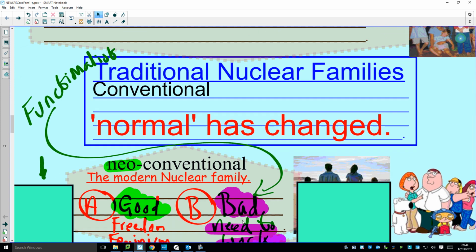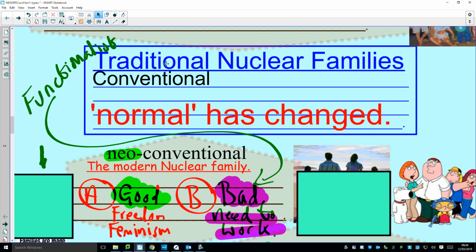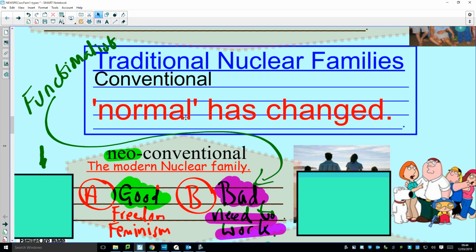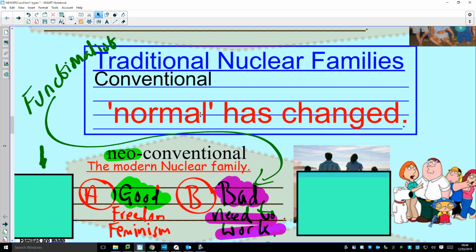Right, let's go back to this. The traditional nuclear family, also called the conventional, remember? To a functionalist, this is the most important one. Mum, dad, kids, dad's got a job, mum's not. But this is changing. The normal has changed, and it's changed to what we call the neo-conventional nuclear family, the modern nuclear family, where mum and dad both work.